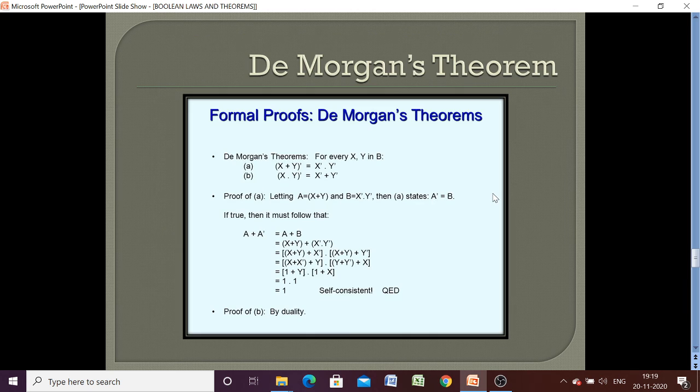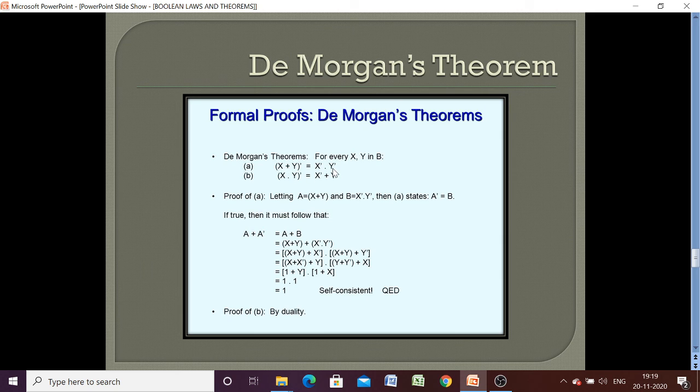Now let us see how we can prove it algebraically. So here we have two theorems. Let us try to prove the first one. If we prove the first one, then the second will be automatically proved by duality, or you can prove it in the same way also. So in this proof we have to assume that this statement is correct.